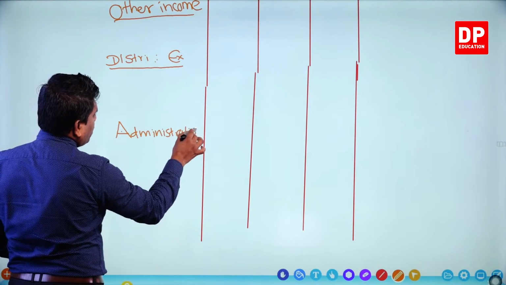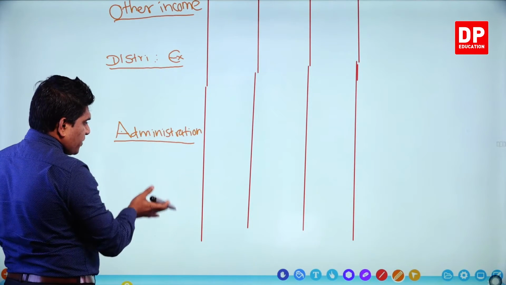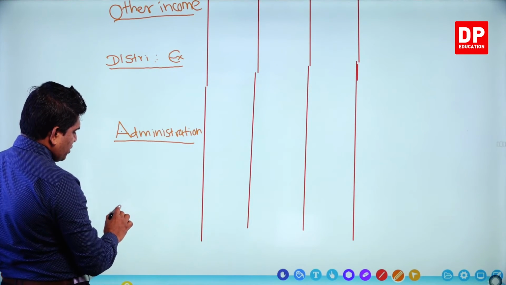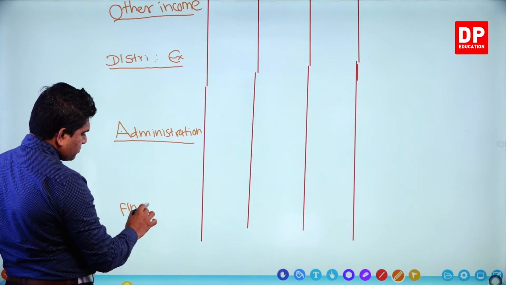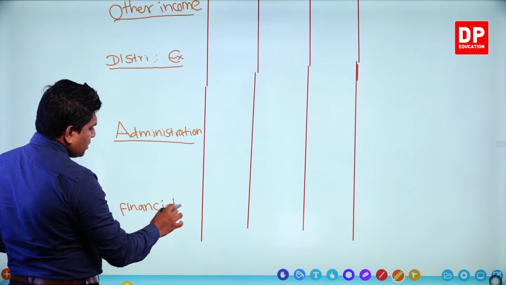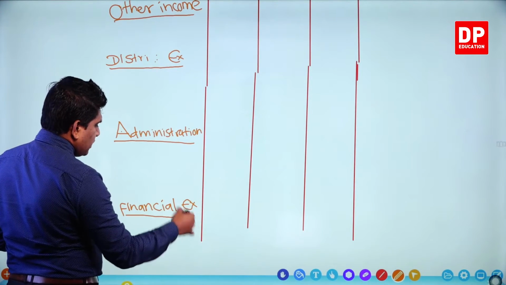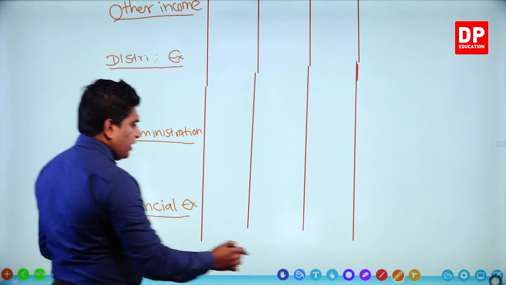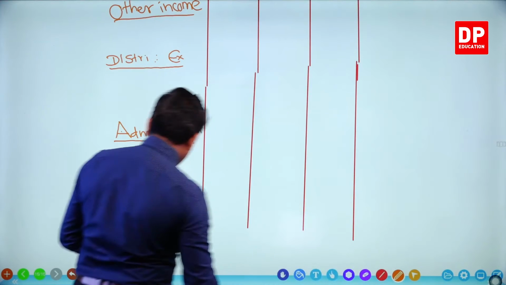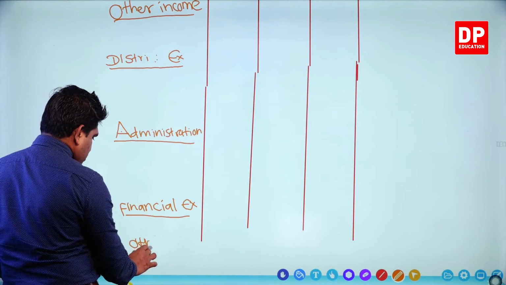Then count how many expenses are given in this question and give the space. Then financial expense. I remember only 2 expenses are there, right? Then finally other expenses.